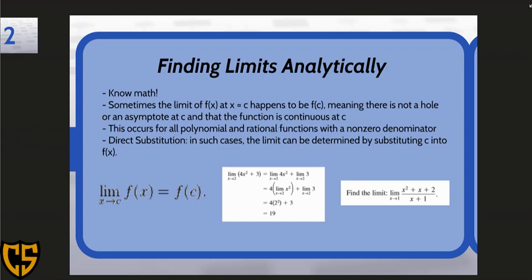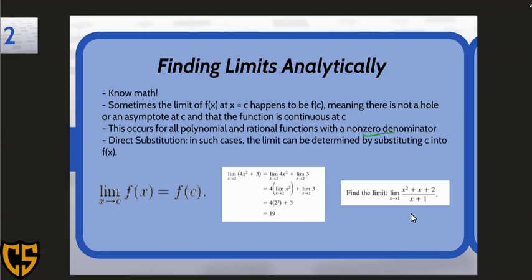Meaning there is no hole, no jump discontinuity, no asymptote, or our function is continuous at that value of x. Specifically, this pertains to polynomials and rational functions with a non-zero denominator. We are trying to avoid answers with zero in the denominator. So the denominator must be non-zero, or else we can have an indeterminate form.